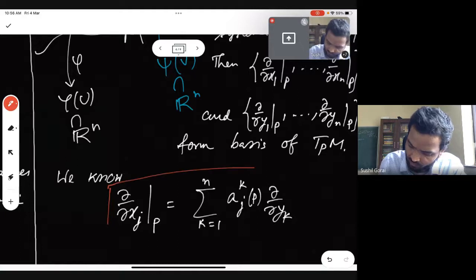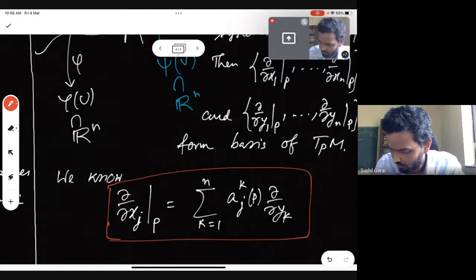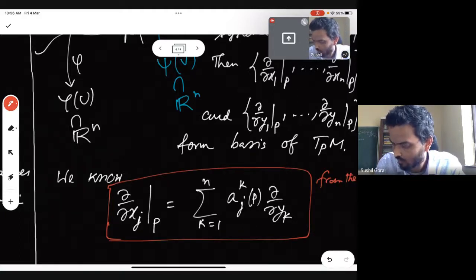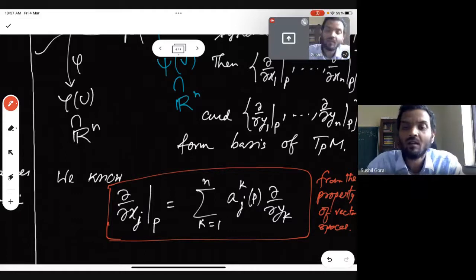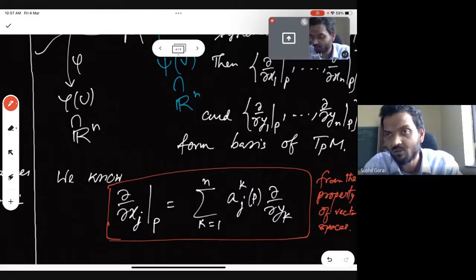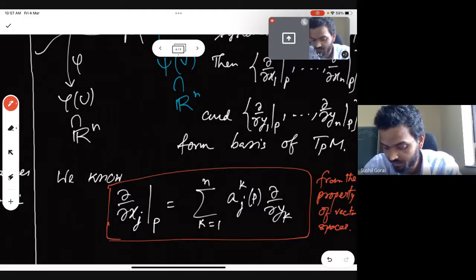This one is from the property of vector spaces. So you have two bases, and then you have this relation.